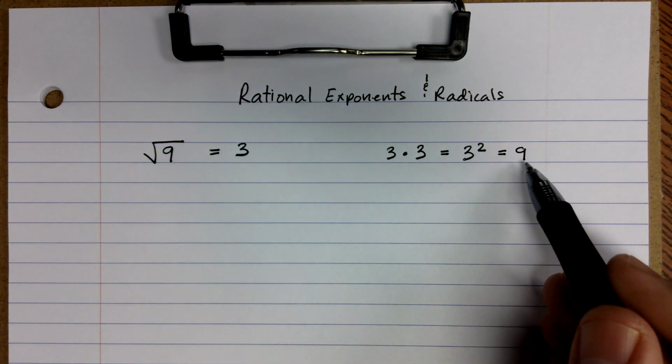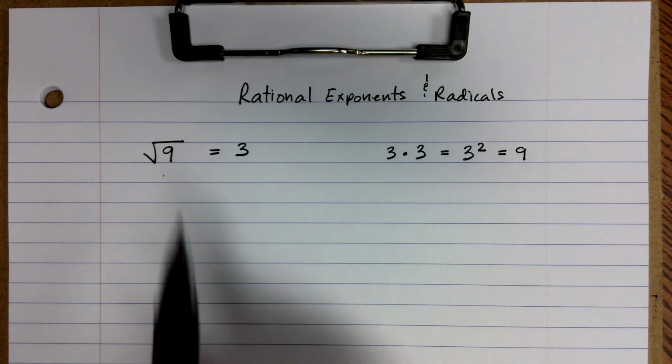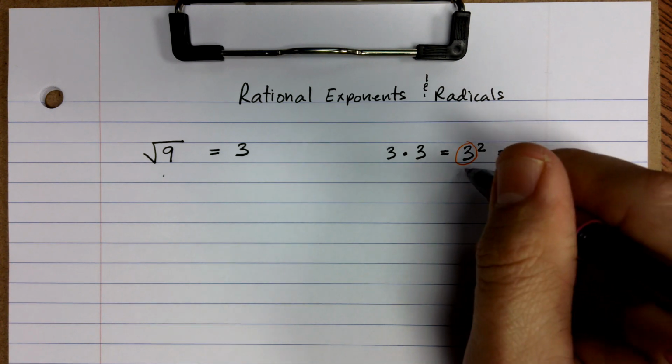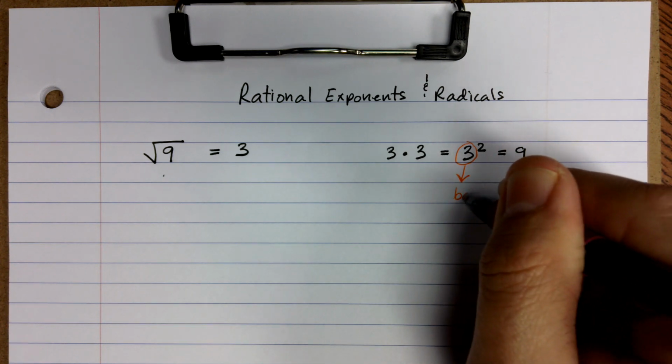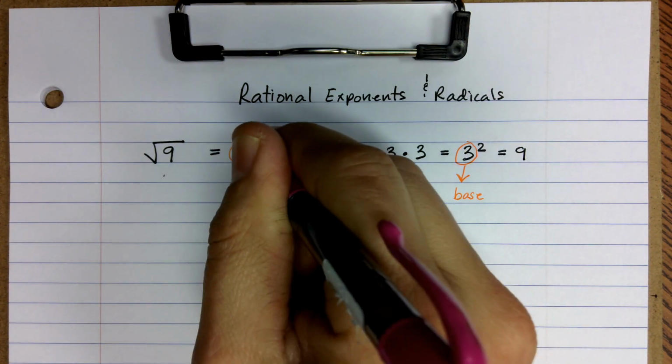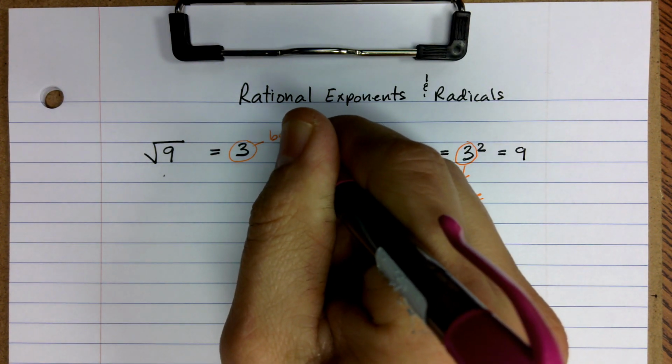To undo the squaring, if we want to figure out what number multiplied by itself gives us 9, we take the square root of it, and it takes us back to our base. The base being this value that doesn't have the exponent. So notice our answer, what we call the square root, is also our base.